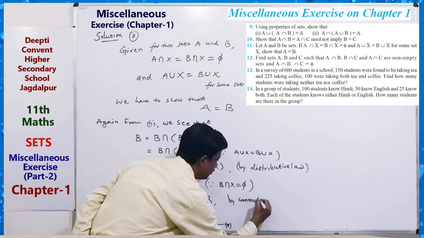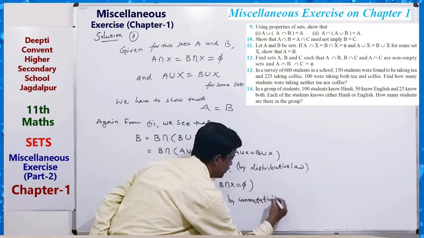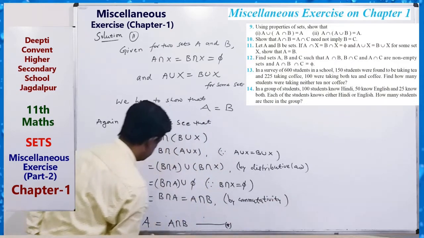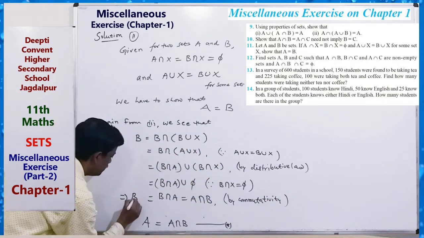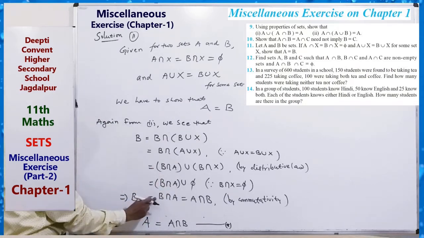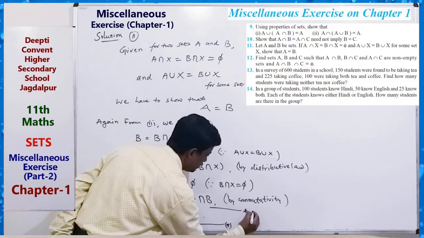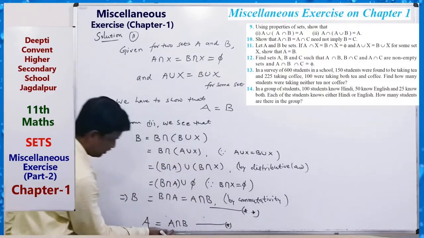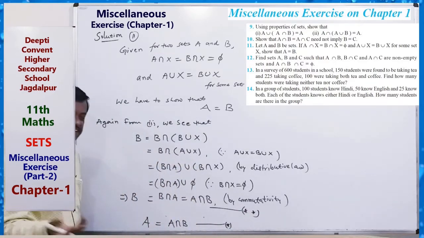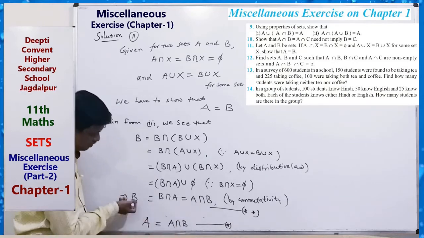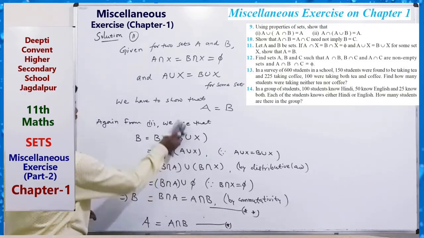Okay. So we get B equals A intersection B. This is result double star. So from star and double star we see that these two quantities are the same, that is A equals B. Clear?